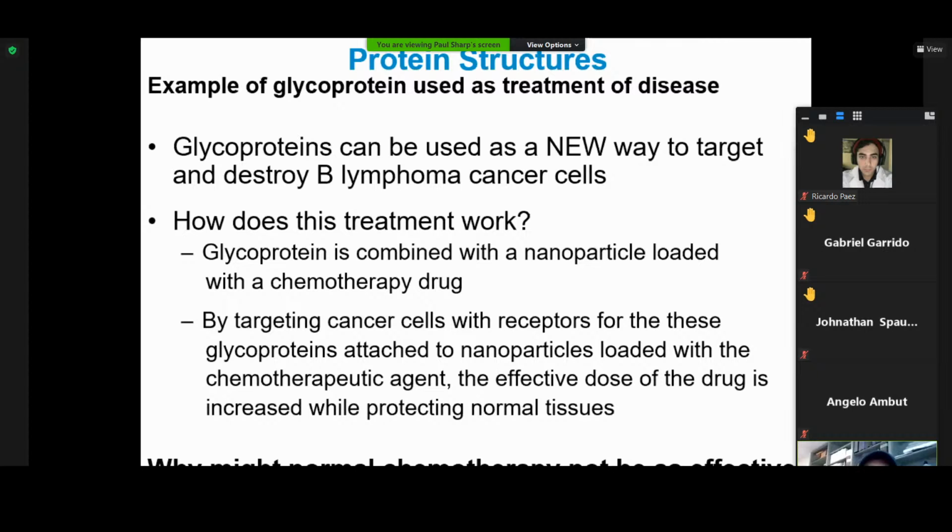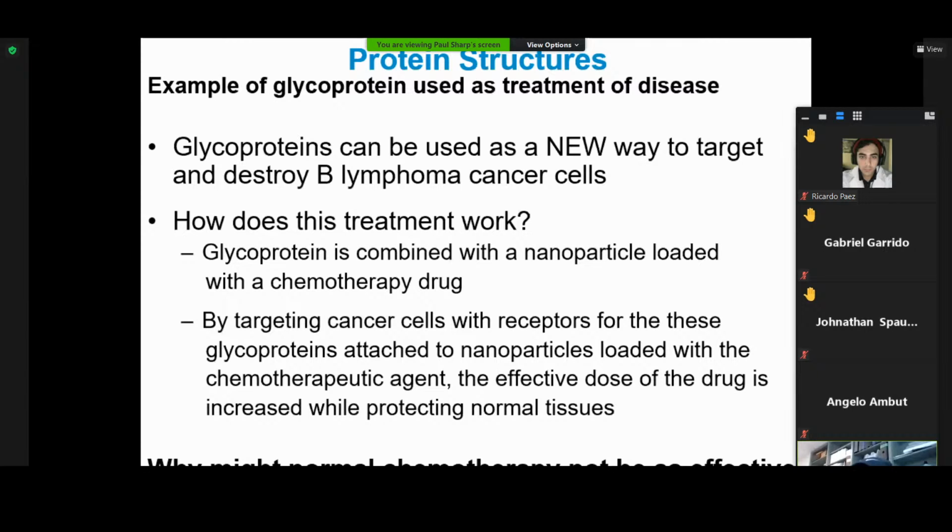And that is something that is really good. So by targeting these particular cancer cells with receptors for these glycoproteins that are attached to nanoparticles that are loaded with a particular chemotherapeutic agent, the effective dose of the drug can be increased while protecting normal tissue. Okay? And that is something that is amazing.